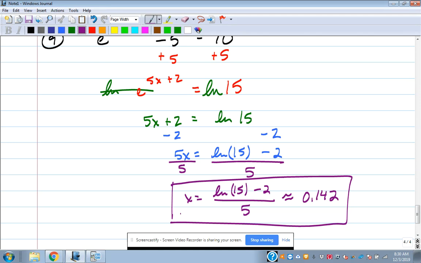A common mistake would be dividing this 15 by the 5. That's a no-no. It's kind of like when we're doing the quadratic formula, you couldn't divide into the number that was underneath the square root. Same idea. You can't divide into the number that's inside of the log. Only numbers that are outside. Okay, easy enough.